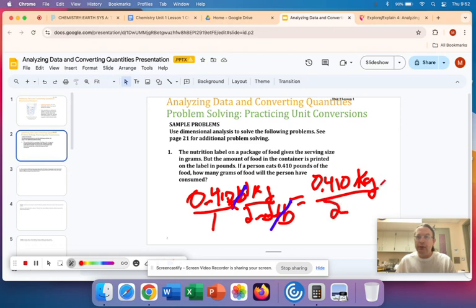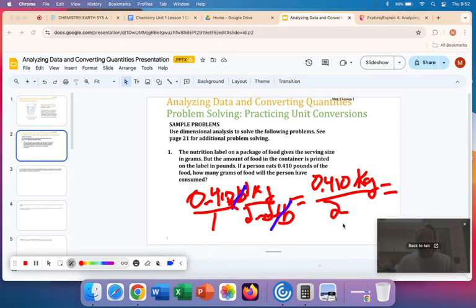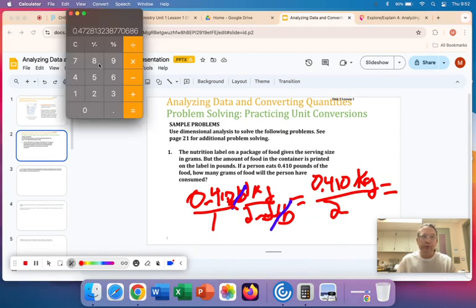So now I use my calculator to divide, and I get 0.410 divided by 2.2.